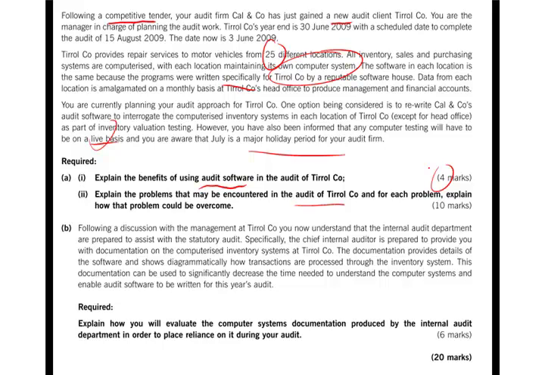For example, it will tend to speed up the audit because many of the calculations can be reperformed automatically. You can examine all items of data rather than on a much more limited sample basis. And you're probably going to save costs. In this particular context, given that we're under some time pressure, using the benefits of audit software could be particularly pertinent in this audit job. Note it's not asking for any of the difficulties here.